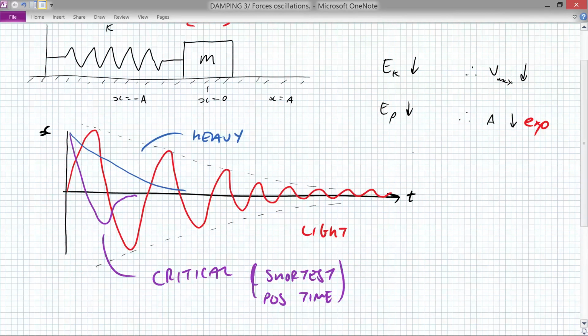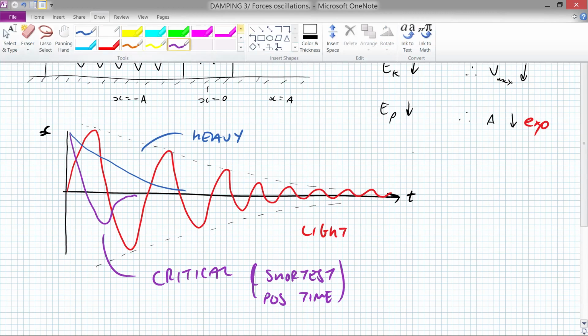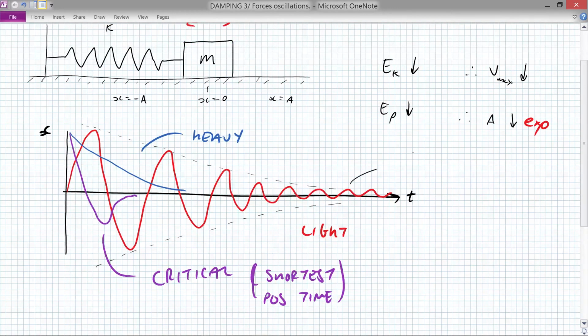And using again the example of cars, we want this to happen because obviously the last thing you want in your car is something like this, where you hit a pothole and your car is oscillating for a long time. That's probably the worst thing you'd want in a car. So critical damping, probably the most important one to remember.